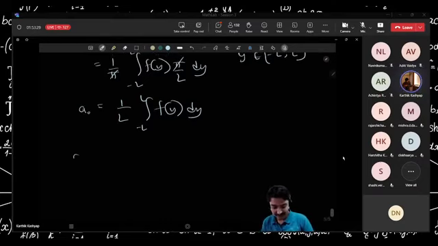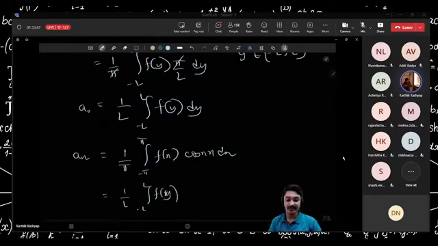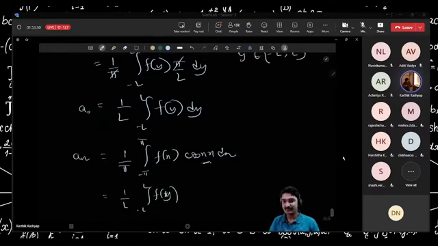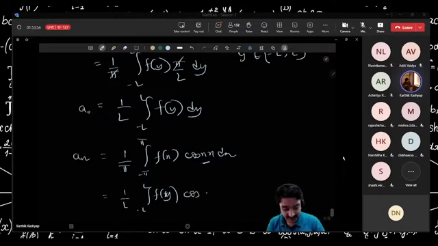If we talk about an, on the other hand, it is 1 by pi times the integral of f of x cos nx dx from minus pi to pi. I won't go over this manually again. We would get, again, this part would be the same, 1 by L, and then limits from minus L to L, f of y, and then cos n pi y by L, which we have seen in the transformation of the Fourier series itself, and then dy.